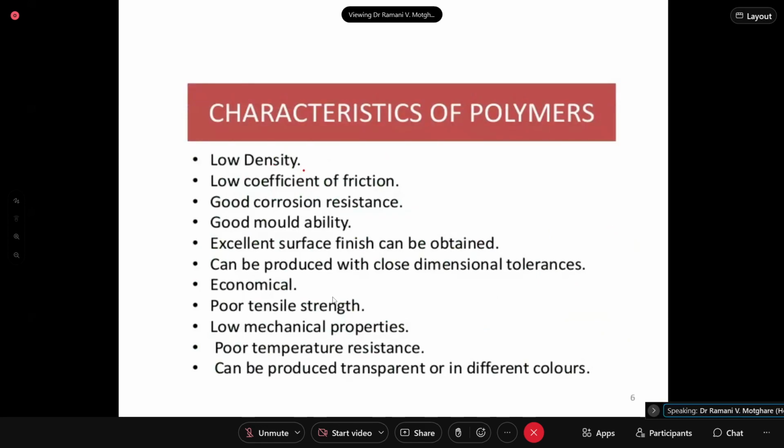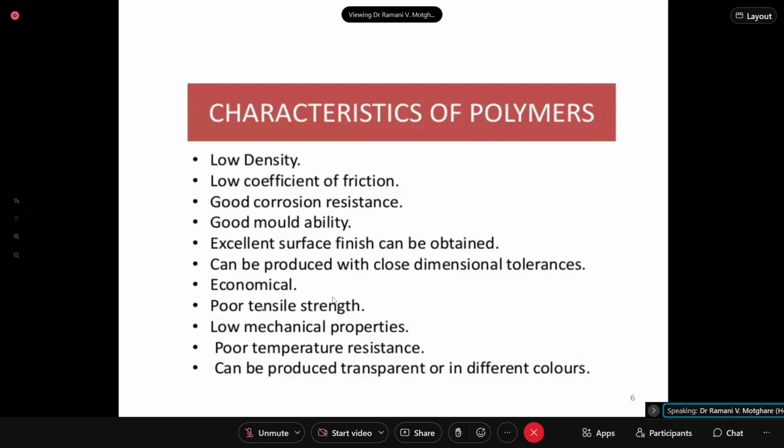The polymers have low density, low coefficient of friction, good corrosion resistance, good moldability, and excellent surface finish can be obtained. They can be produced with close dimensional tolerance.